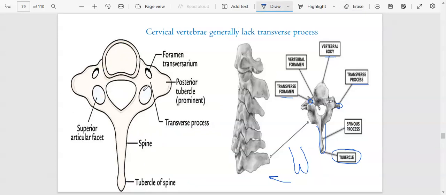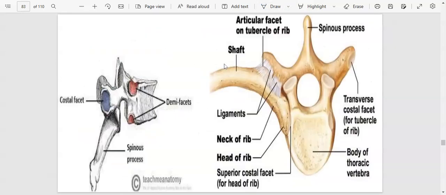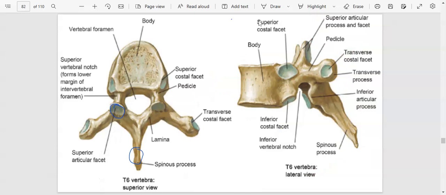Oh, sorry, not this space. This is not a space; this is an articular facet. But this space here, we are calling a transverse foramen. For these others, you cannot see that. You don't have any opening there. So this is their difference also.